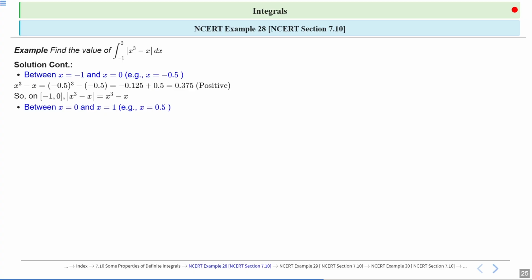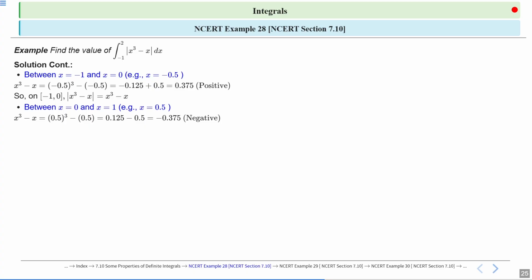Now on the interval 0 to 1, let's take an example 0.5. You can take any point on the interval 0 to 1. You can take 0.3, 0.2, any point, and we just check the sign at that point.